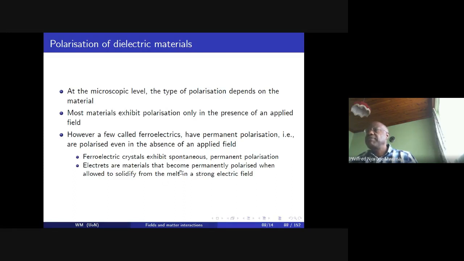Since the molecules are polarized, they'll be aligned with the strong field, and as they solidify into place, they'll keep their orientation, and therefore the material already contains some polarization. Electrets are used in applications such as making high quality microphones and so forth.